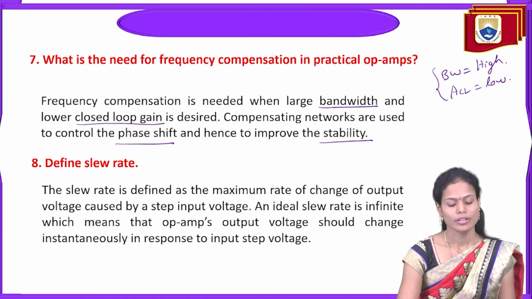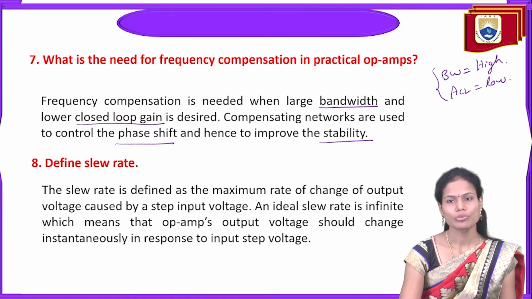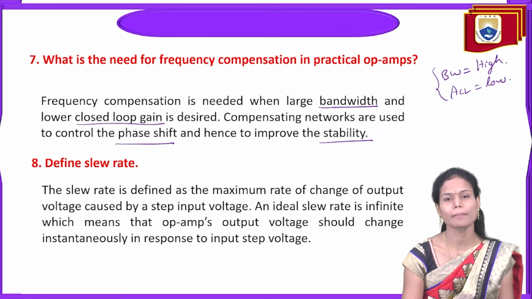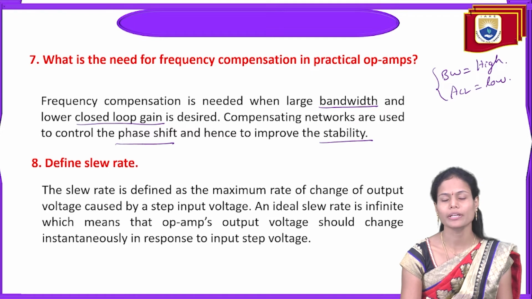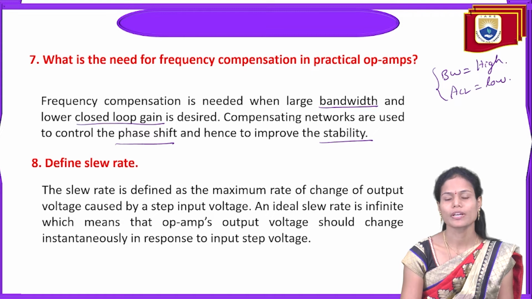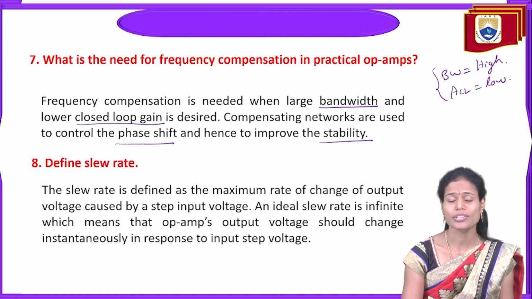The next: define slew rate. So slew rate is defined as the maximum rate of change of the output voltage caused by a step input voltage. That is, if there are any small variations in the input voltage, how much variation we expect across the output of the amplifier is indicated by the slew rate.